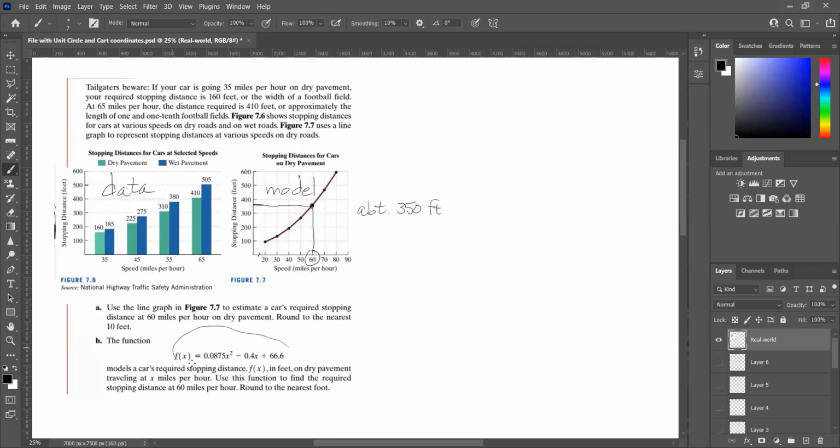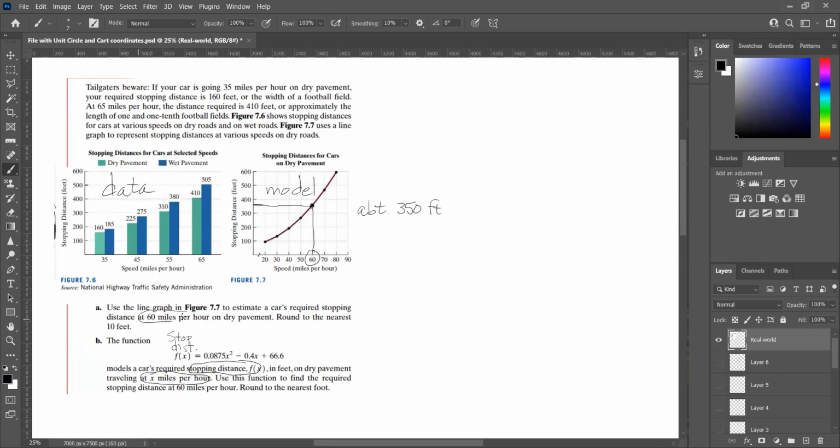Now, let's come down to this model, this equation, which is the model of it. And we'll see, they tell me that stopping distance is f of x. So that's what we have over here on the left, stopping distance. And then they tell us that x miles per hour is the speed. So everywhere I see an x, that's the speed.